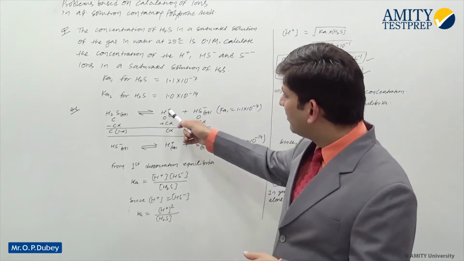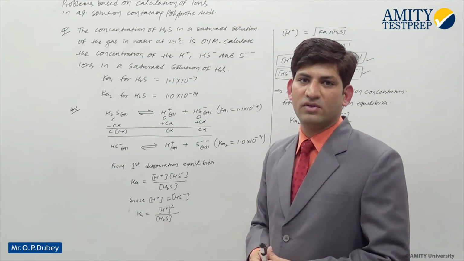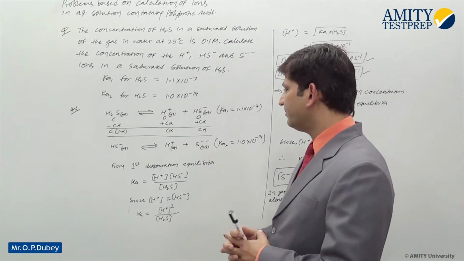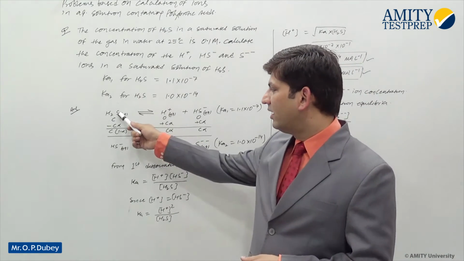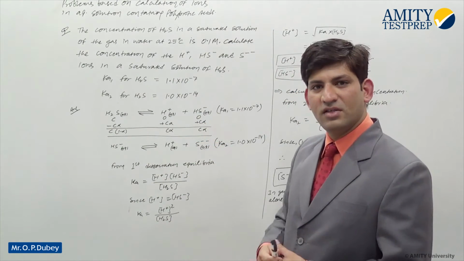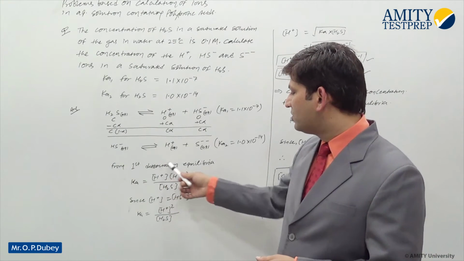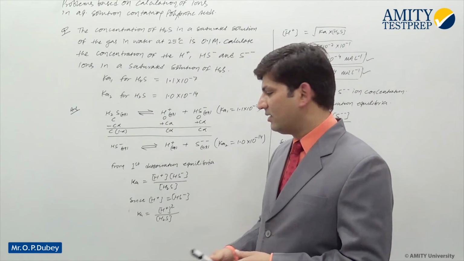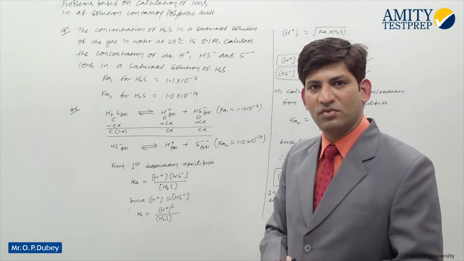To calculate the H plus ion and HS minus ion concentration in the aqueous solution, we consider the first dissociation equilibrium. At equilibrium, the concentration of H2S is C(1 minus alpha), the H plus ion concentration is C alpha, and HS minus is C alpha. From the first dissociation equilibrium, we write the dissociation constant expression: H plus ion times HS minus ion upon the concentration of H2S.